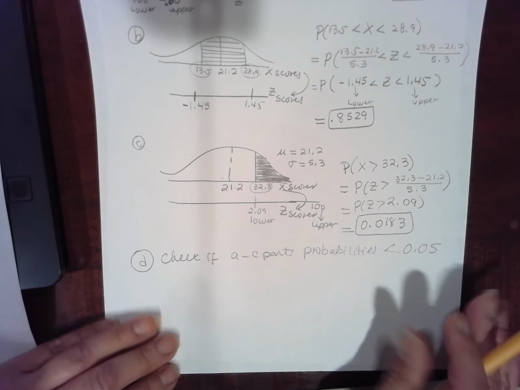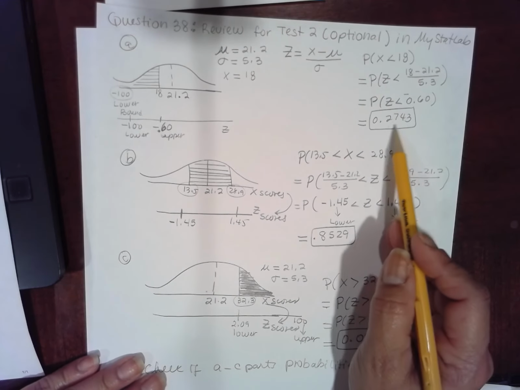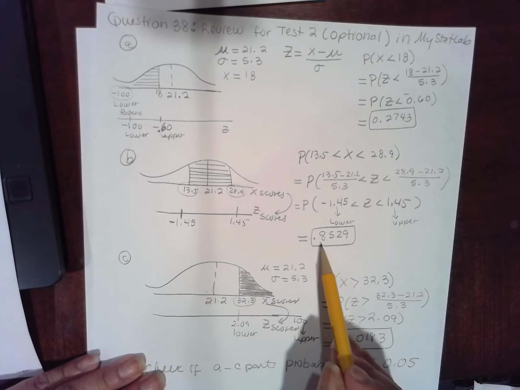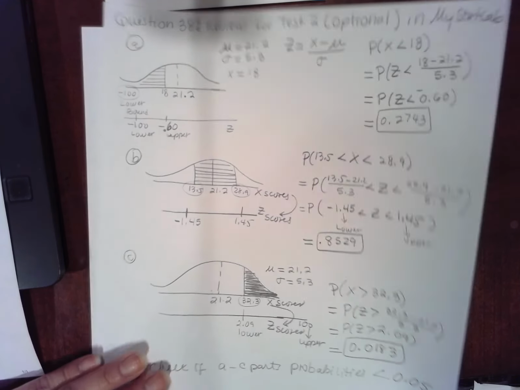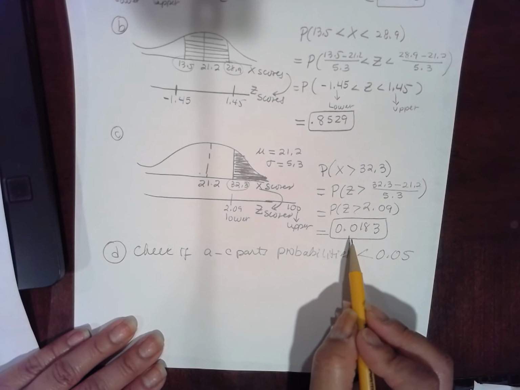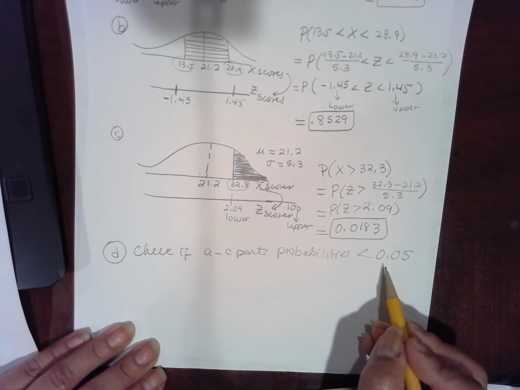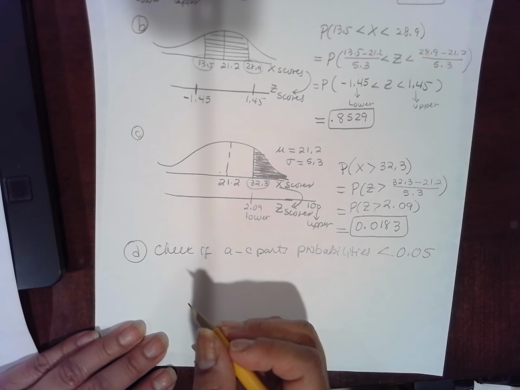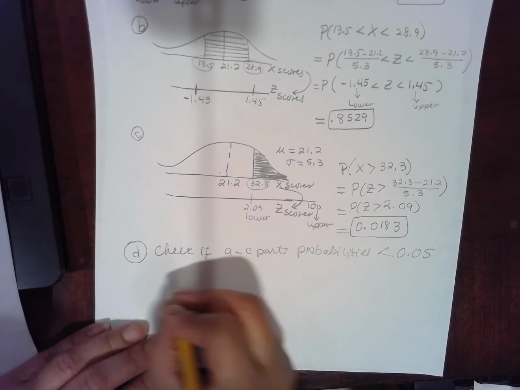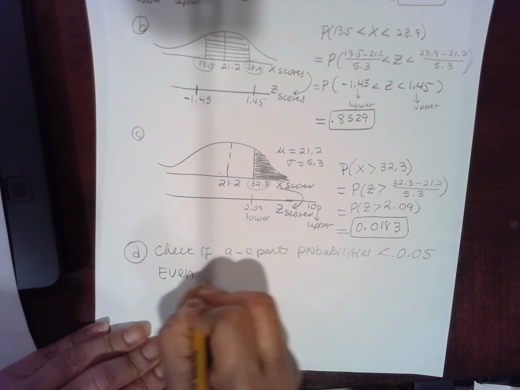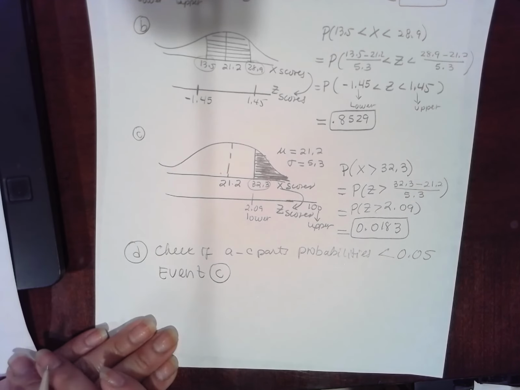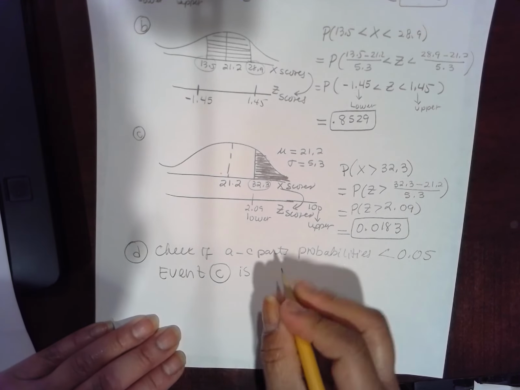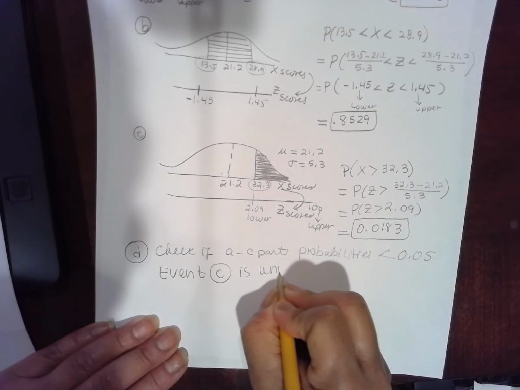Part A, the answer was 0.2743. That is not less than 0.05. 0.8529 is not less, but 0.0183 is less than 0.05. So you're going to say event C. Event C is unusual because the probability is less than 0.05.